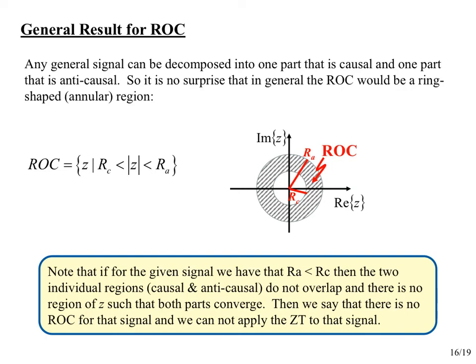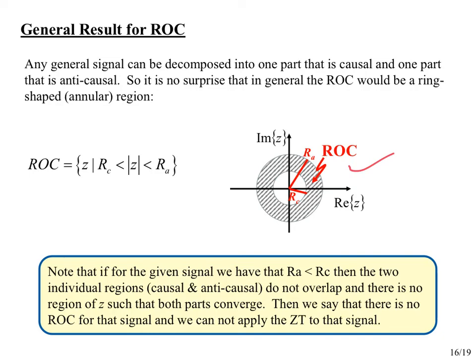If the circle that we're looking at things inside is bigger than the circle for which we're looking at points outside, then the intersection of those two regions of convergence forms a donut, or in more technical math terms, an annulus. So this is a general result that says a general infinite duration signal will have a region of convergence that is a ring-shaped, or annular, region.